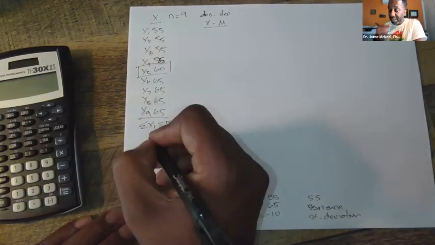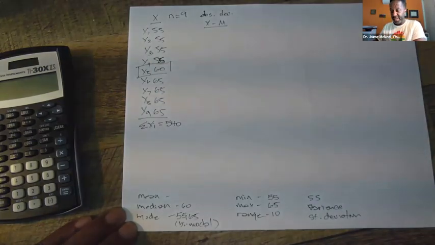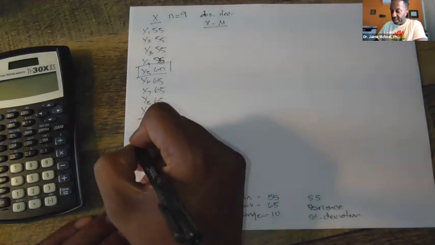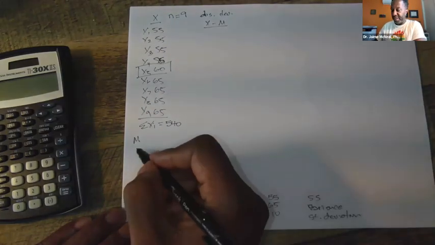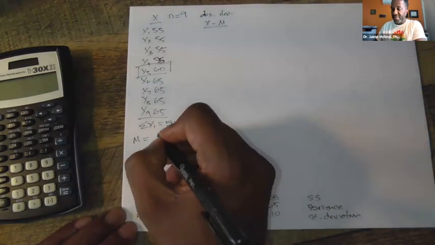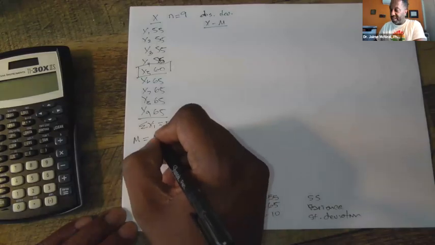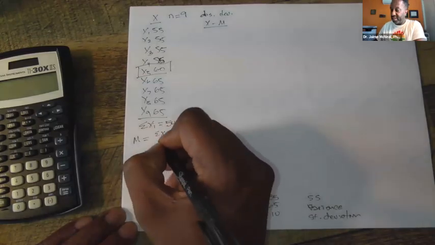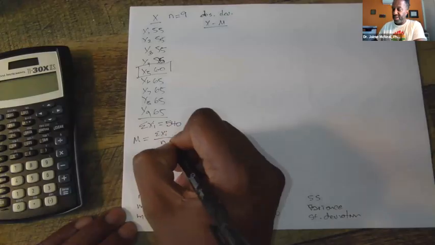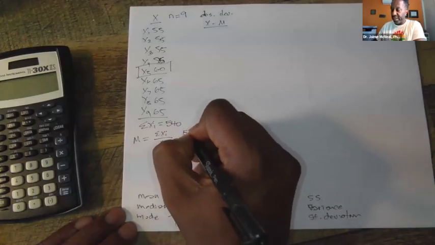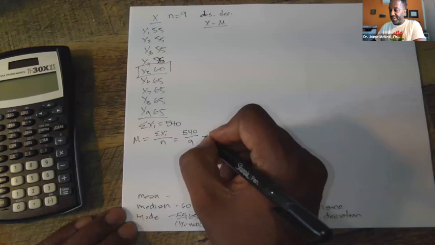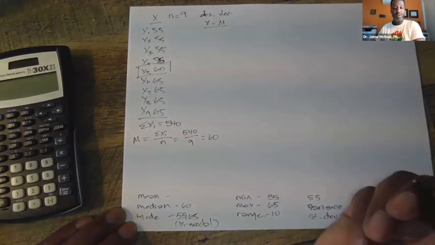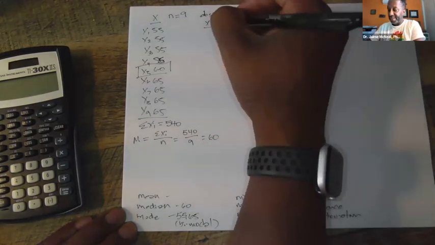So we need to figure out what the mean is. Since this is a sample, we're going to use M for the mean. The formula for the mean is the sum of x divided by n, or in other words, 540 divided by 9, which is n. That happens to be 60. So now we know what M is, which is 60.